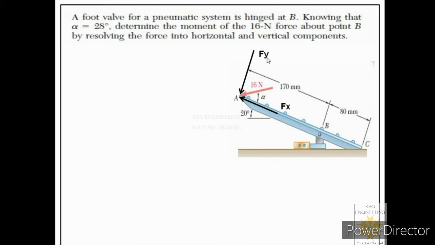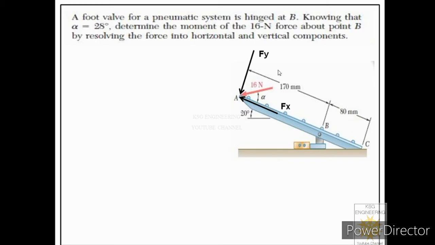Now one very important point to understand: when we are dealing with problems in which we have to find the moment of a force, we don't consider the sign of the forces. We have found their magnitudes as 16 cos 28 degrees and 16 sin 28 degrees, but we will not consider their direction, because we have to just find the moment because of these two forces, and in case of moment we just see the nature of the moment.